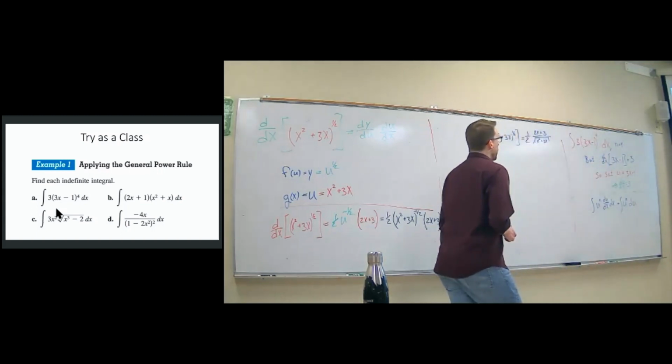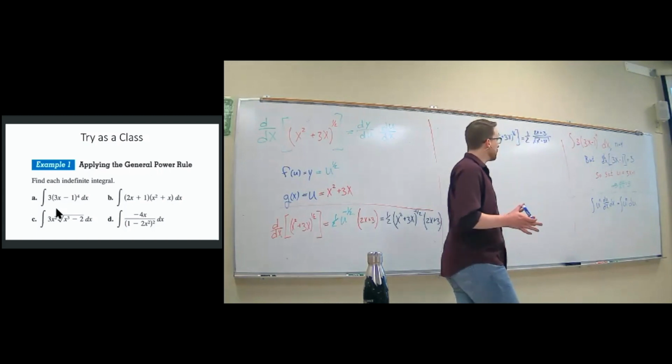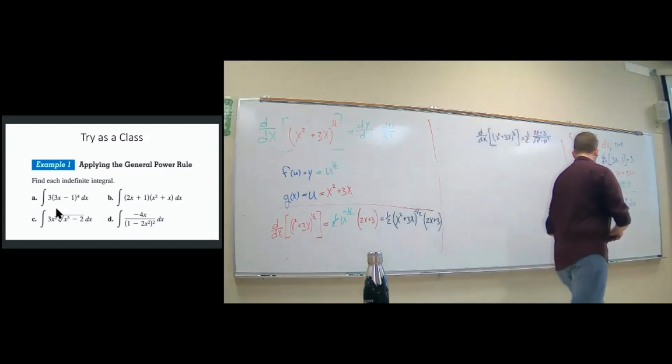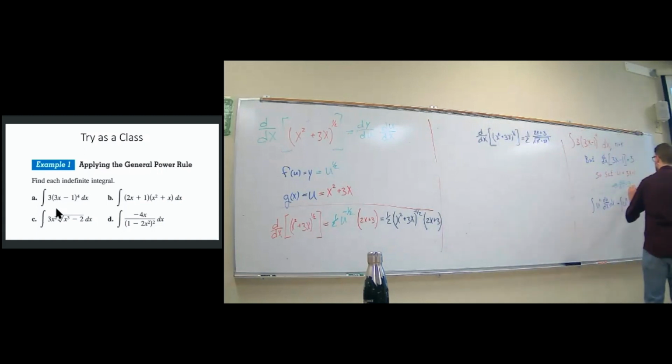So why don't we replace everything we've got going on here? This tells us that du dx times dx is equal to 3 dx.